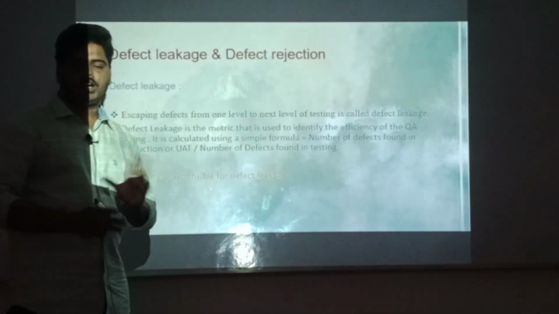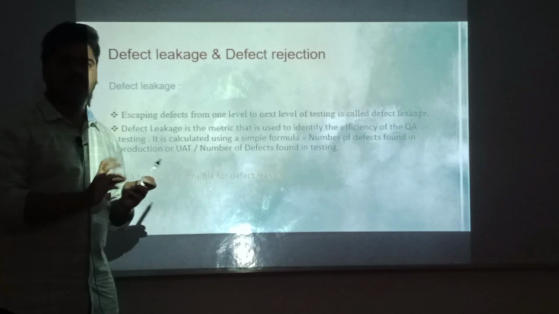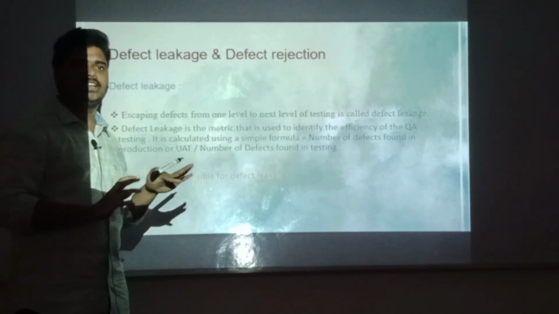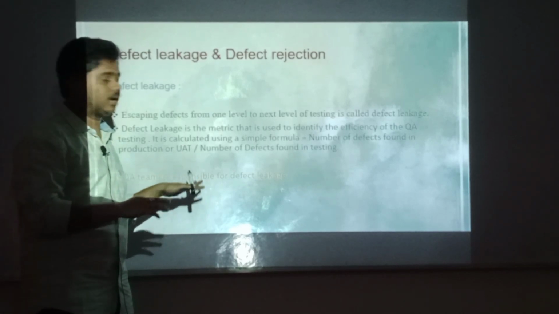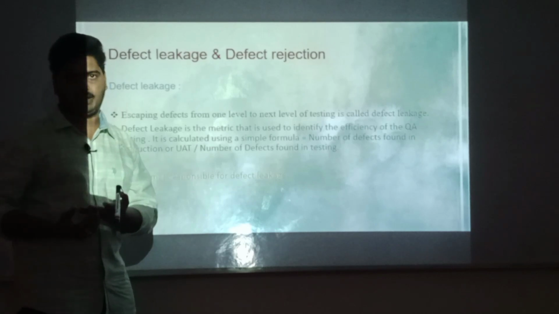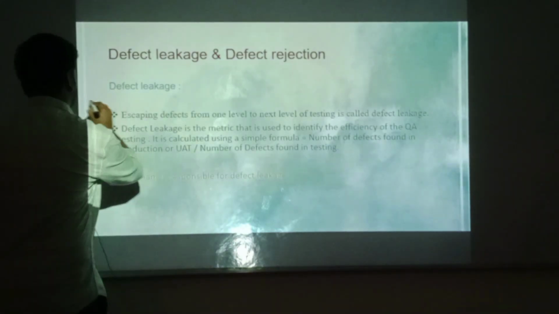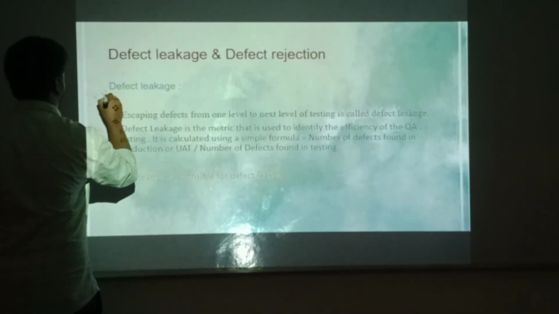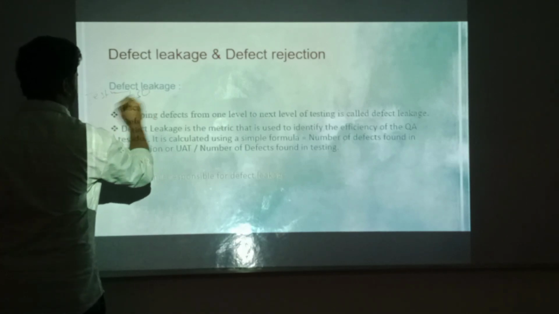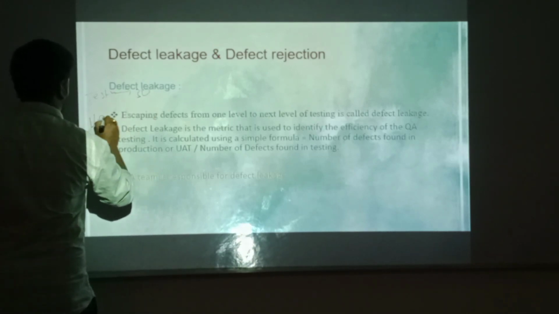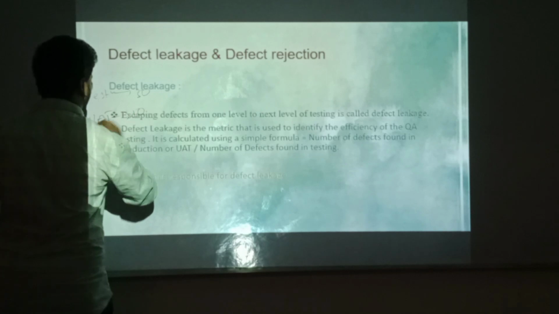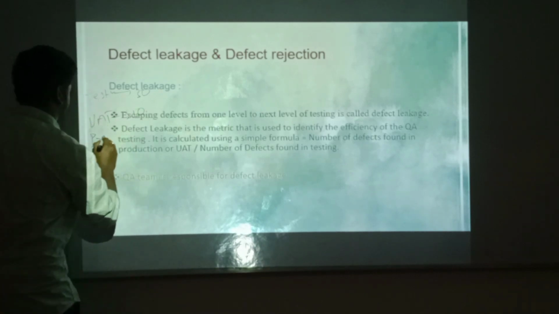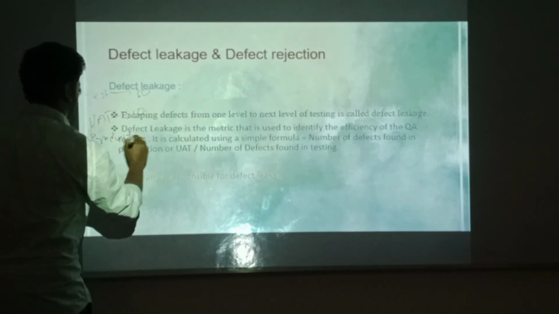We test in the quality server first of all, and we have some defects, and we didn't find some defects in the quality server. Those defects we find in UAT testing. So here, in the quality testing server, we find 30 defects, and we find 10 defects in the UAT server, and we find 3 defects in the production server.